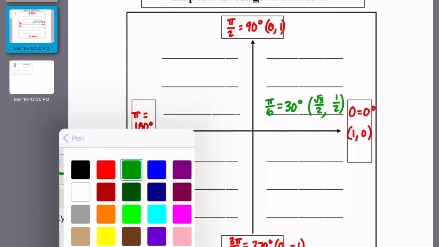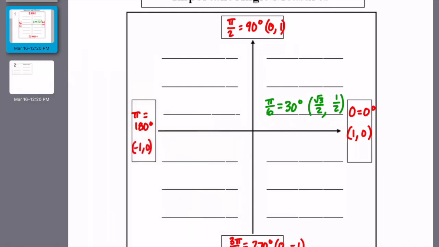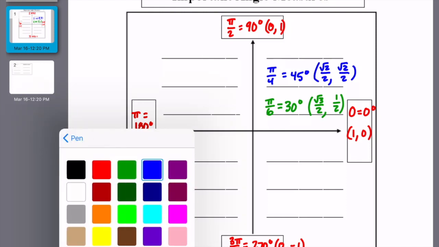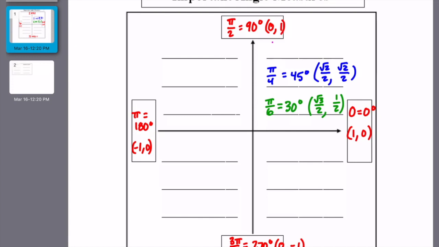The next point was pi over 4, which is 45 degrees, and that corresponds to the point (√2 over 2, √2 over 2). The next point of interest was pi over 3, which is 60 degrees, and it goes with the terminal point (1/2, √3 over 2).